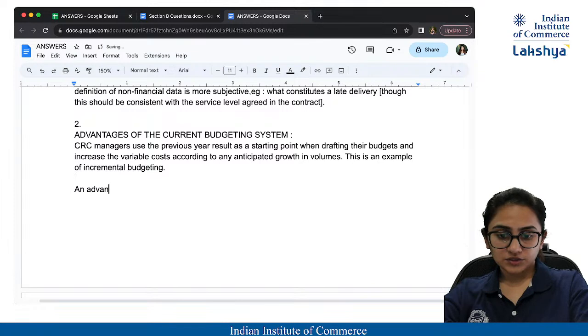An advantage of incremental budgeting. Yesterday we saw so many advantages. Is that it is quick and easy to prepare.